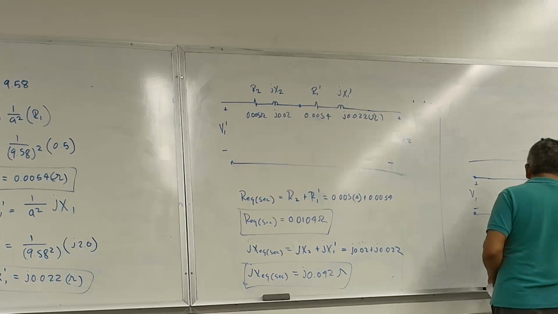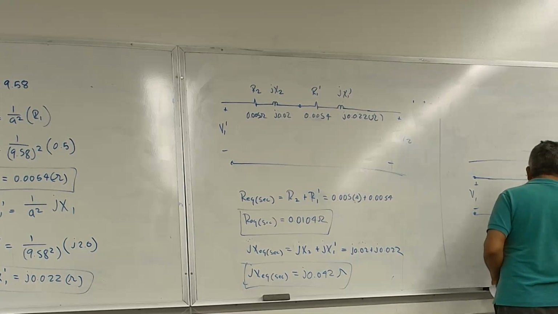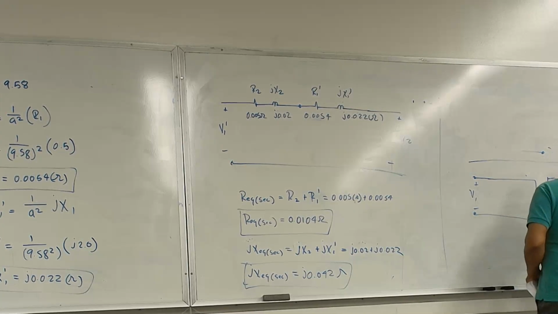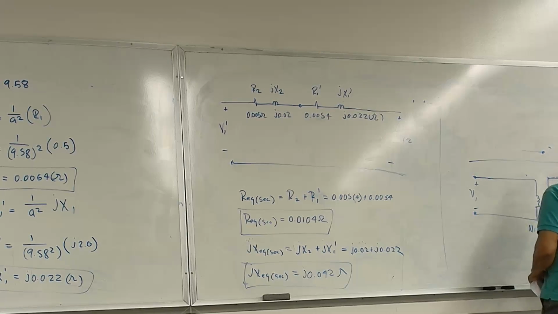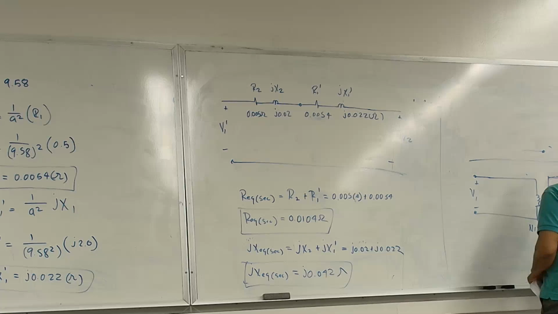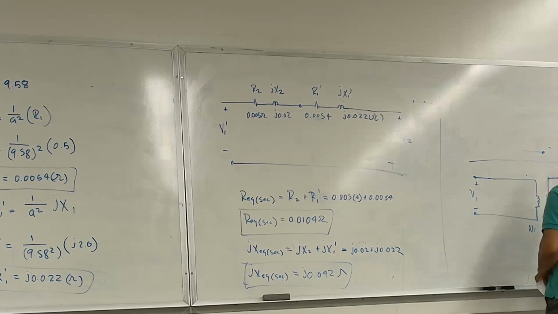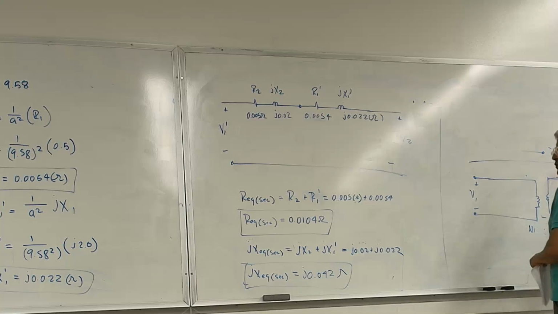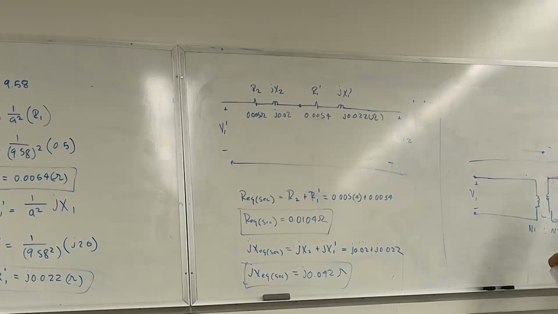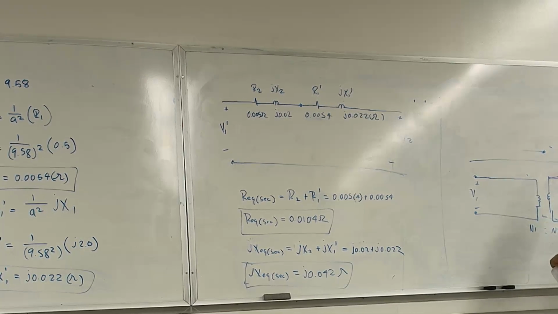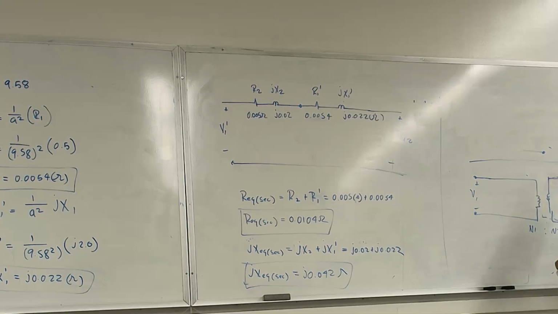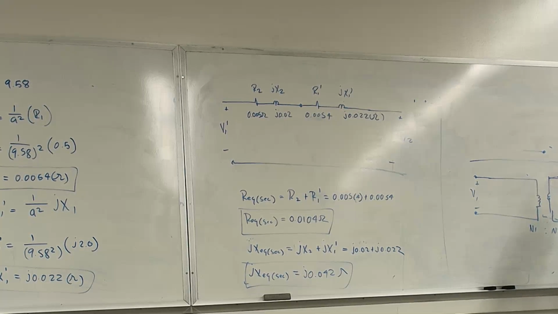N1 doesn't change, N2 doesn't change, that's fixed, right? This is R_eq secondary, jX_eq secondary. So this is, what did we say it was? 0.0104 ohms plus j0.042 ohms.